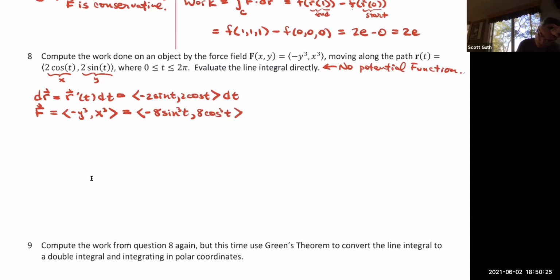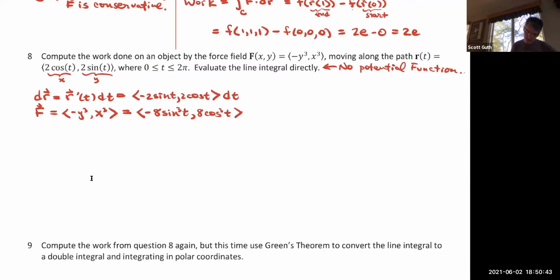No, that's just F. There's no dt there. No differential, my bad. So I get that right? y to the third has the sine, x to the third has the cosine.